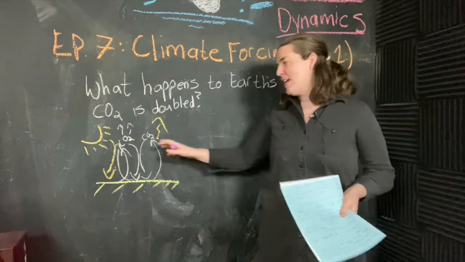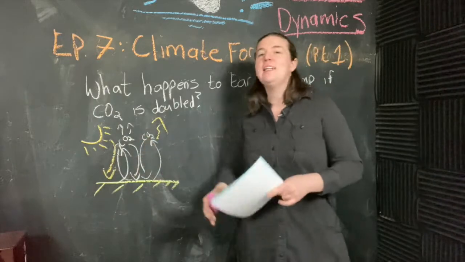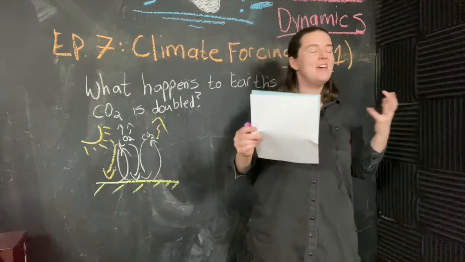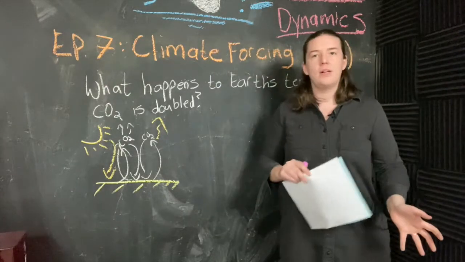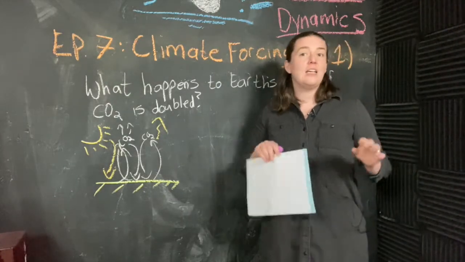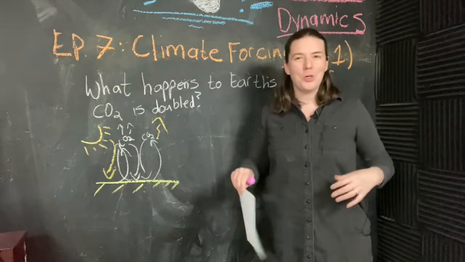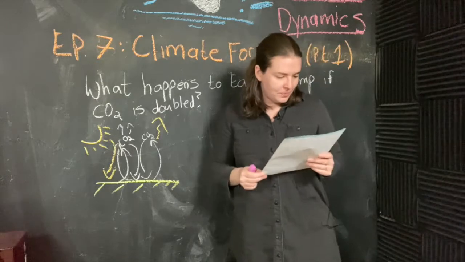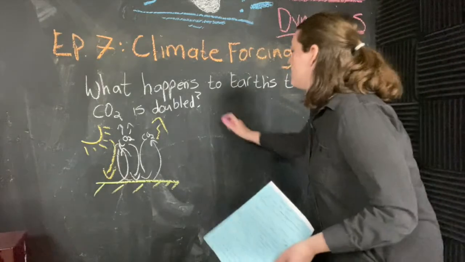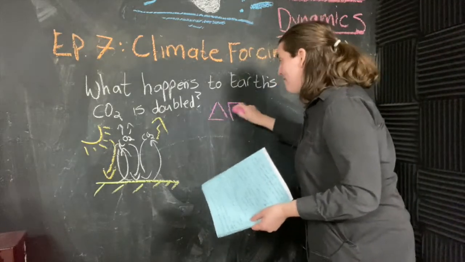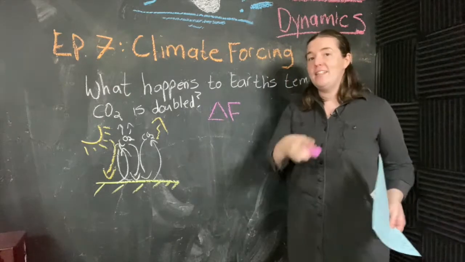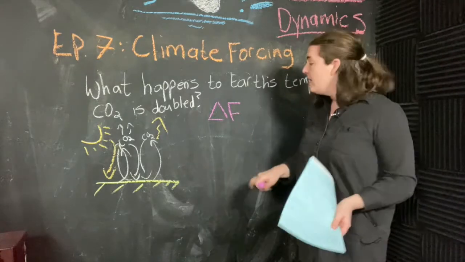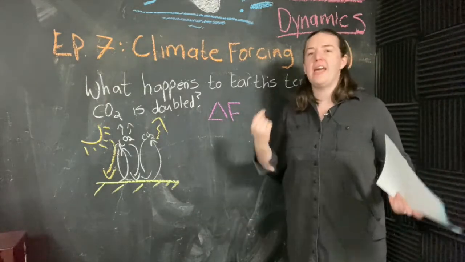Just because we say double the amount of CO2 doesn't mean we're going to double the temperature or double the energy being redirected downwards. There's not necessarily a nice linear, proportional relationship. So here's the idea. Delta F — fun fact, in math and science, a triangle, the Greek capital letter delta, is usually read as the word change.